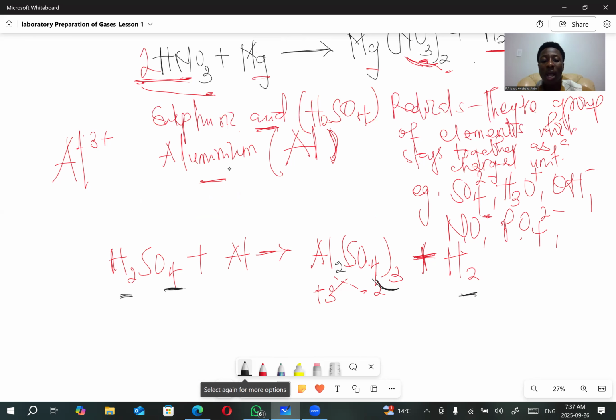So let's balance oxygen first before we go to hydrogen. Oxygen is 12 here. What times 4 will become 12? 3. So let's put 3 here. 3 times 4, oxygen is 12. So 12, 12.